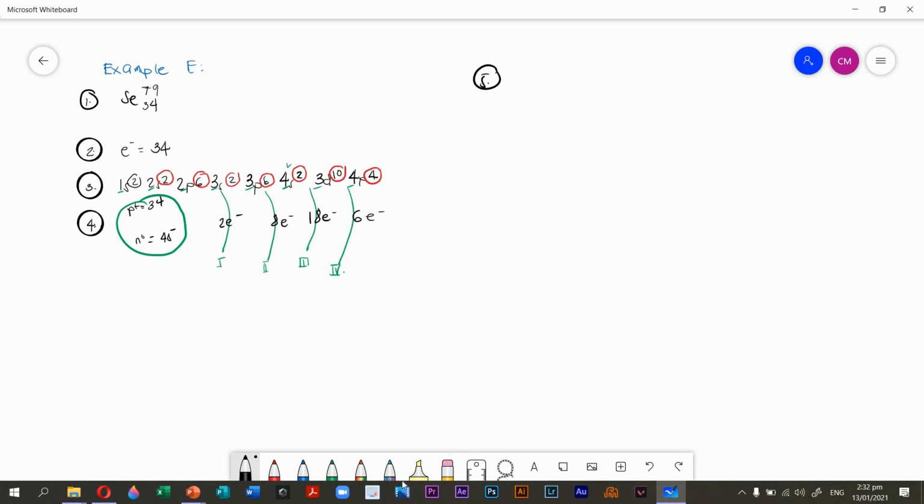Fifth step. We are going to rewrite step number 3, but this time vertically. So 1s2, 2s2, 2p6, 3s2, 3p6, 4s2, and then 3d10, and then 4p4.